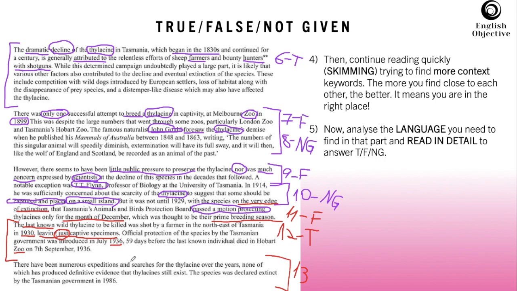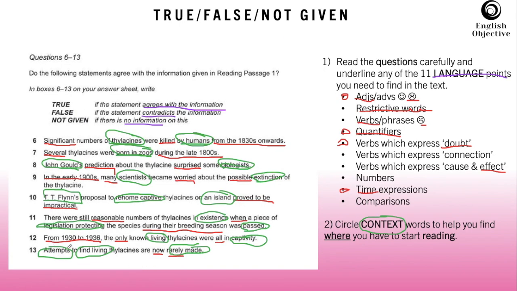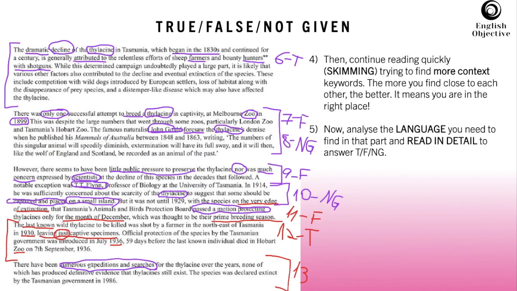So it says, there have been numerous expeditions and searches for the thylacine over the years. Okay, so numerous expeditions and searches, that means attempts. So this is one of my context keywords, attempts. Okay, but obviously it's been paraphrased.